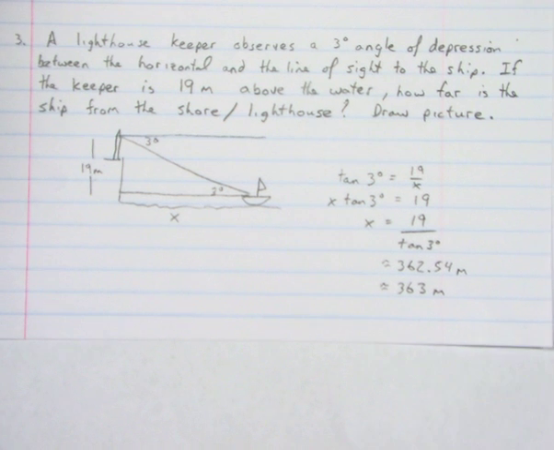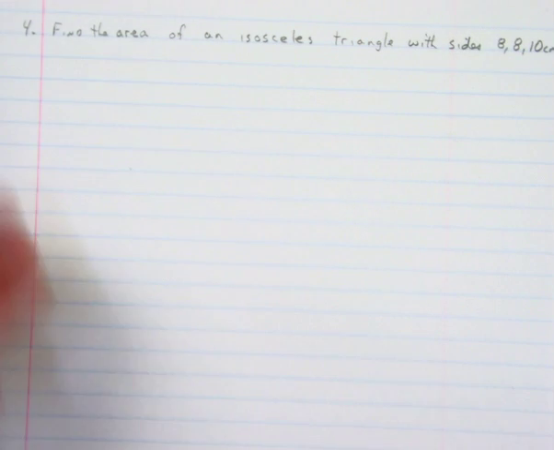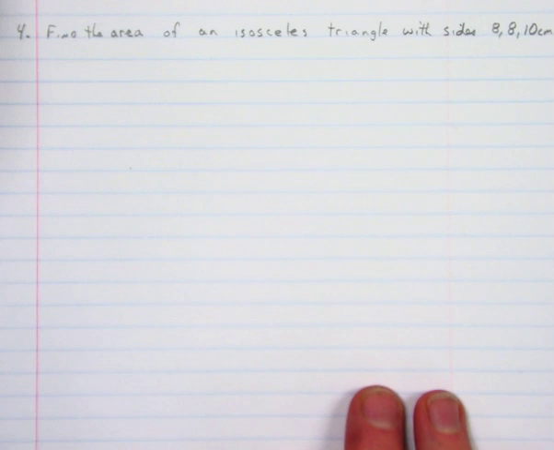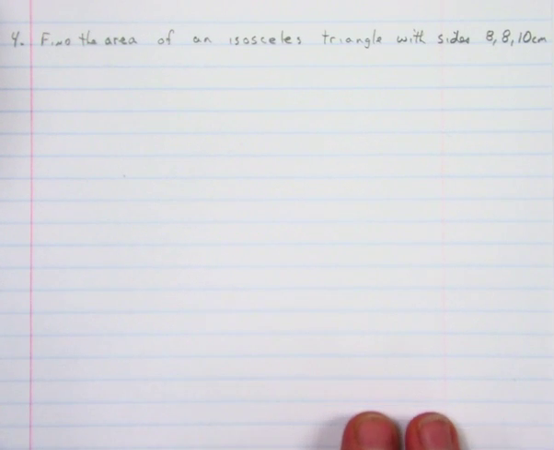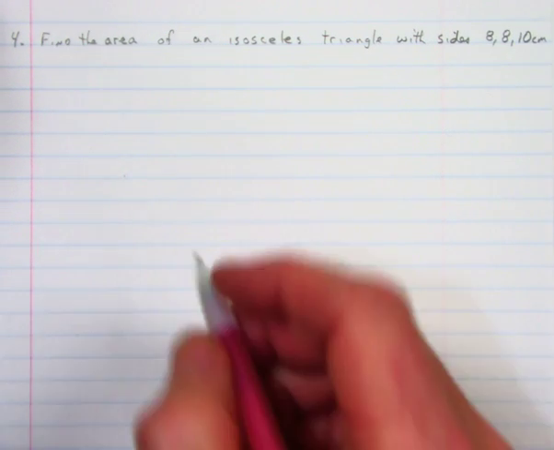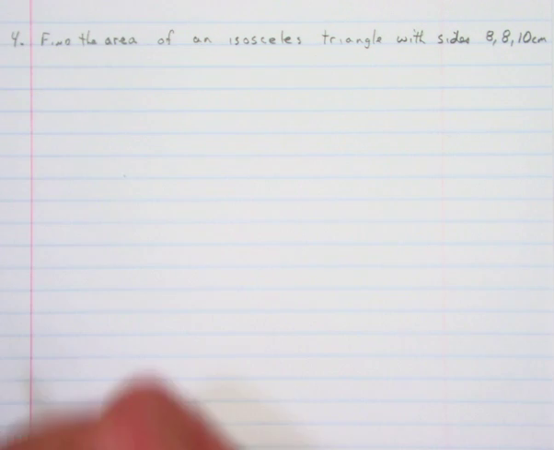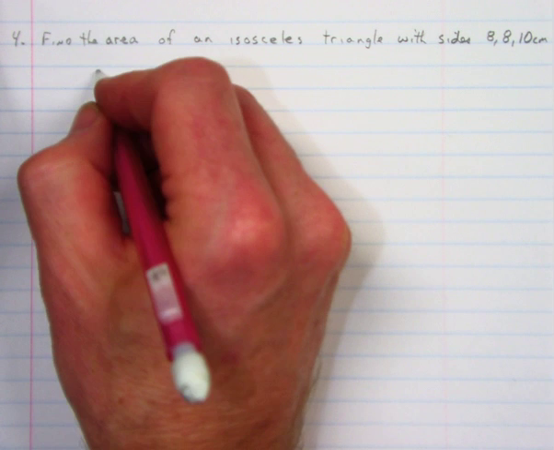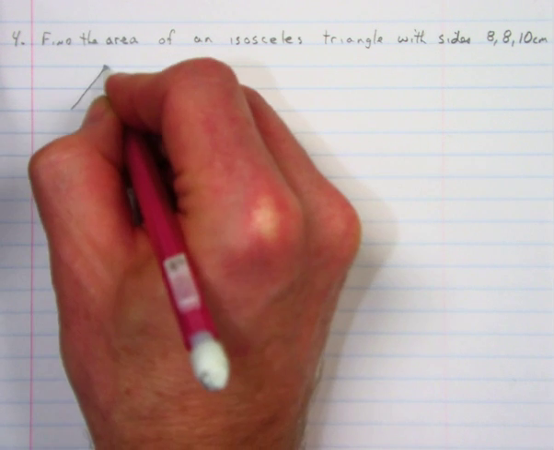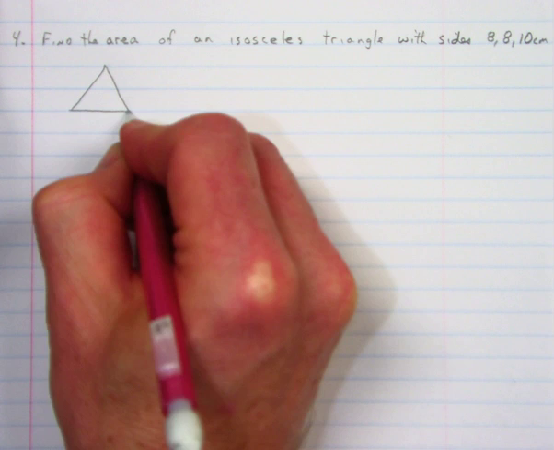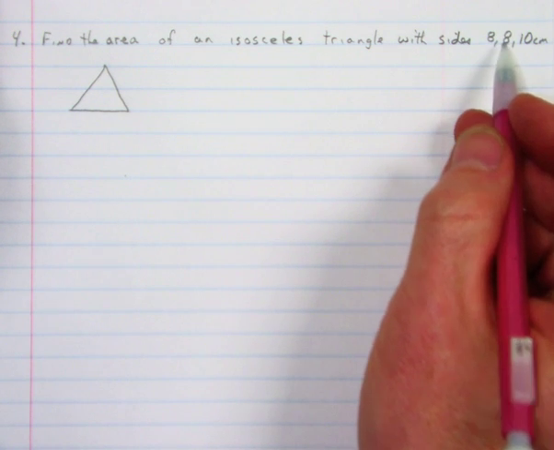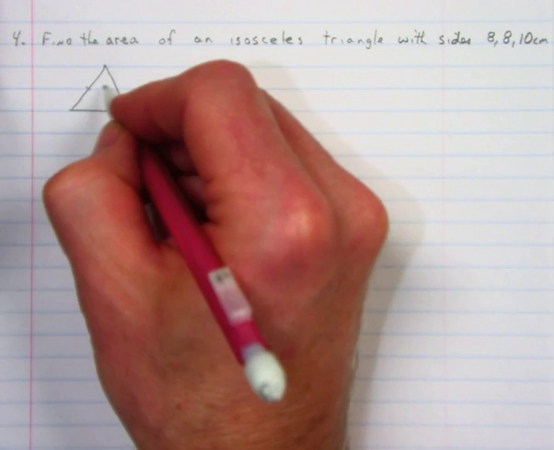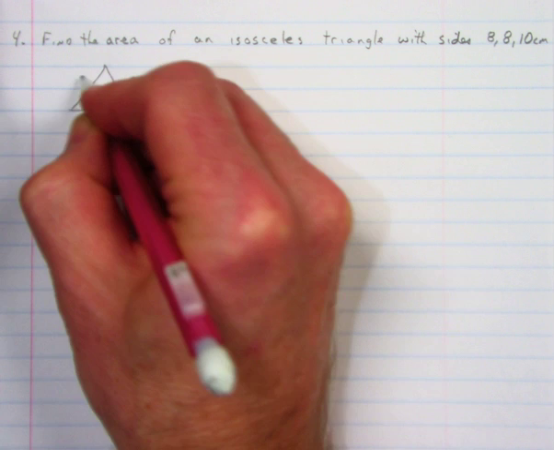And I'd like to do one more problem. Find the area of an isosceles triangle with sides 8, 8, and 10 centimeters. Well, the first thing we should do, even though it didn't say it in this problem, is draw it. Given that 8 and 8 are the two congruent sides, let's make them these pieces here.